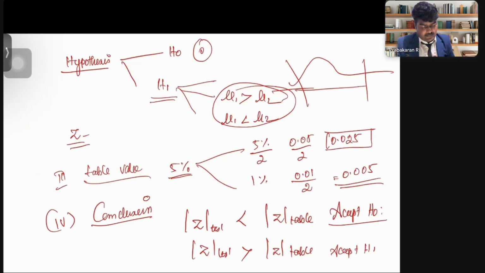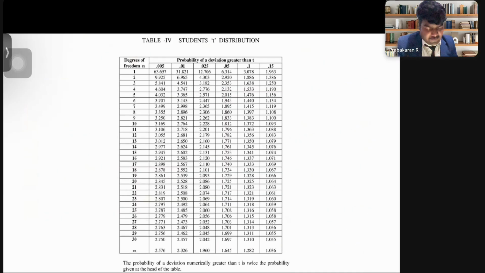So listen here. When you go for the table value, for the z test also we have to make use of the student t-test table. This is an extension of the t-test, where up to 30 it is a small sample. If it is greater than 30, we have to go with a large sample.